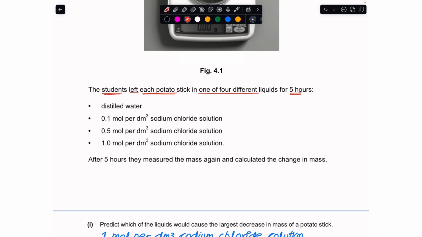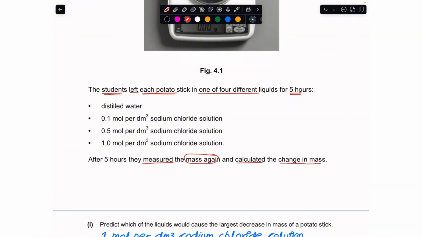So there would be a total of 4 beakers, and in each beaker they put one potato stick, and after immersing them for 5 hours, they measure their final mass again and calculate what change in the mass has occurred.